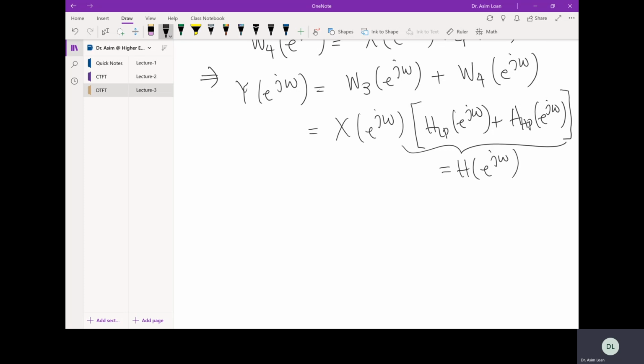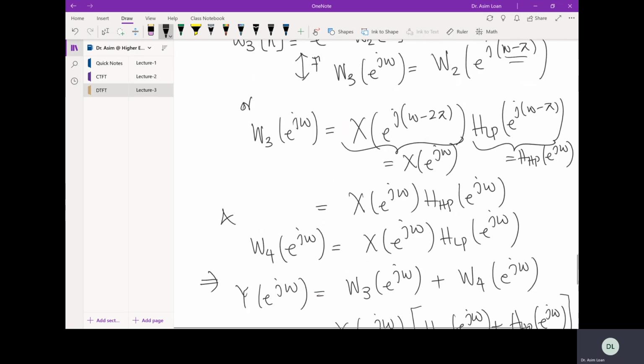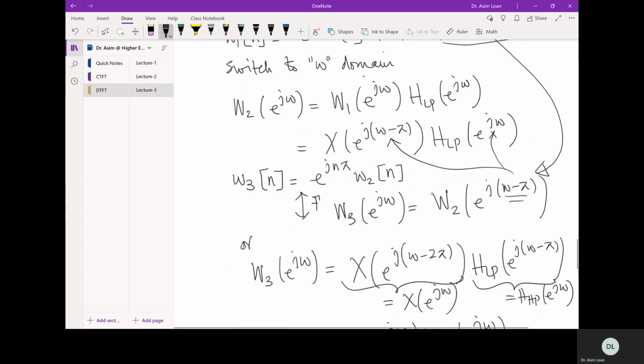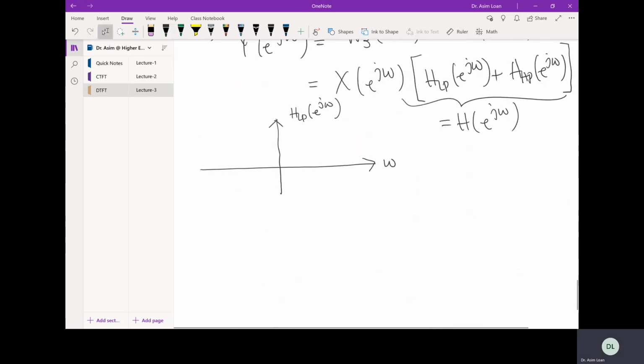So let's draw this. H low pass of e^{j omega}. The cutoff frequency is pi by 4, right? So I have this signal over here. This is minus pi. This is plus pi. This is pi by 4. This is minus pi by 4. This is 0. This height is 1.